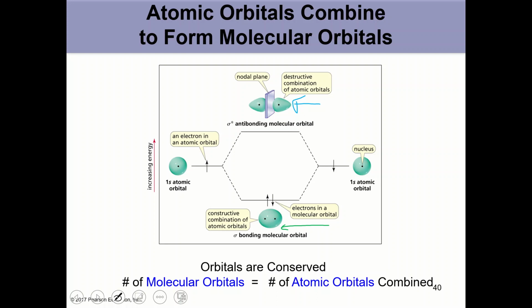Because if we have helium here, then in our two 1s orbitals that are combining, I would have a total of 4 electrons. Every orbital can contain 2 electrons, and so our sigma bonding orbital would get 2 electrons, but our sigma anti-bonding orbital would also get 2 electrons.